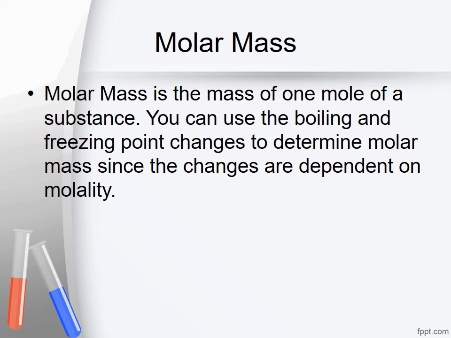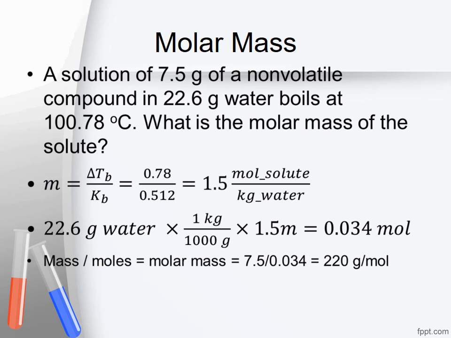This is, I think, a little bit too much to do for you guys over slides, so I just want you to understand that you can calculate molar mass using colligative properties, right? If I know how much the temperature changes of something, I can use that to calculate the molality of something, and I can use that molality to calculate the actual molar mass of something.